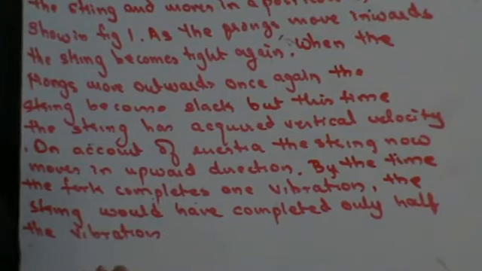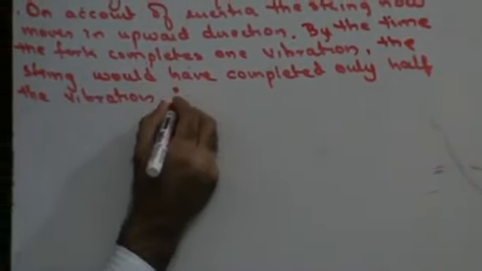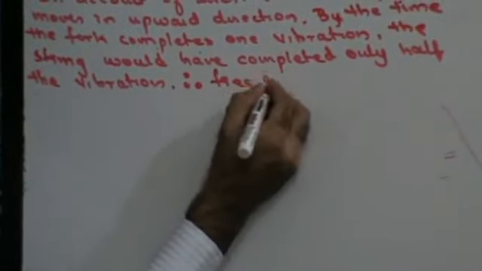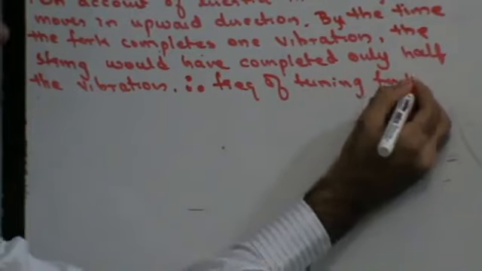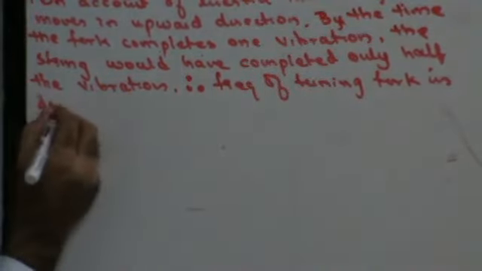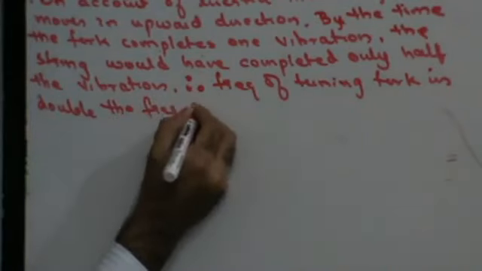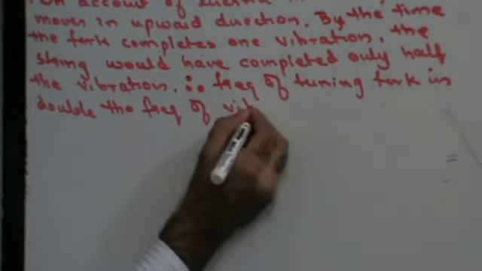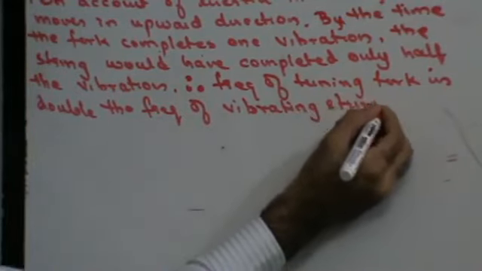Right? So from this we can safely say that the frequency of the tuning fork is double the frequency of the vibrating string. Fine, do we get this clearly?